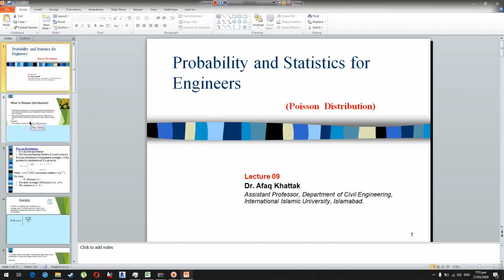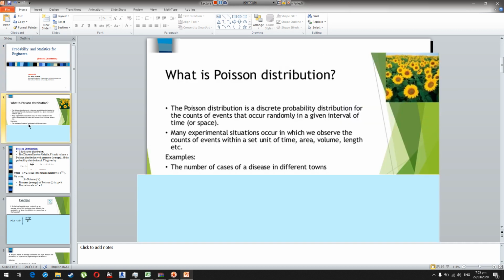Now, what is Poisson distribution? Poisson distribution is a discrete probability distribution for the counts of events that occur randomly in a given interval of time. So we will determine the probability of occurrence of different events in a given interval of time.